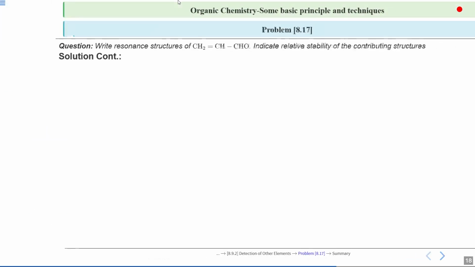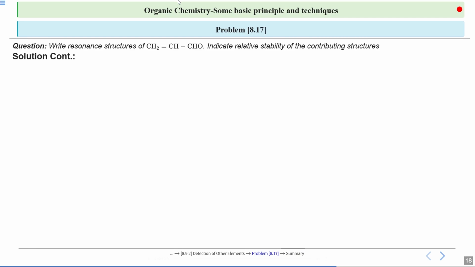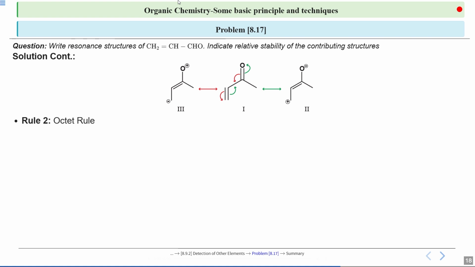Now, next, if we talk about the remaining 2 resonating structures, 2 and 3, we have to look at rule number 2 because the number of bonds is the same. Rule number 2 is about the octet rule. This rule states that if all the atoms in the given compound have their complete octet, then it would be the most stable one.